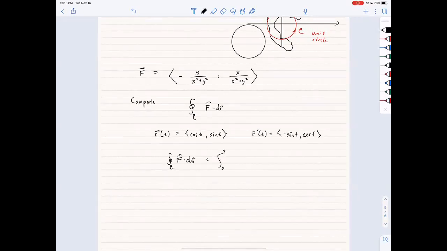This is the integral from 0 to 2 pi of, again, x squared plus y squared is 1, so we get minus sine of t, that's our y, cosine of t, dot minus sine of t, cosine of t, that's our velocity, dt. So again, we get sine squared plus cosine squared. That's 1. We're integrating from 0 to 2 pi. We get 2 pi. And I don't know a lot about 2 pi, but I know it's not 0.